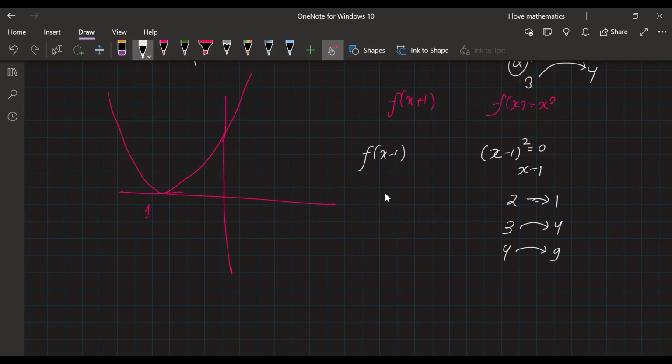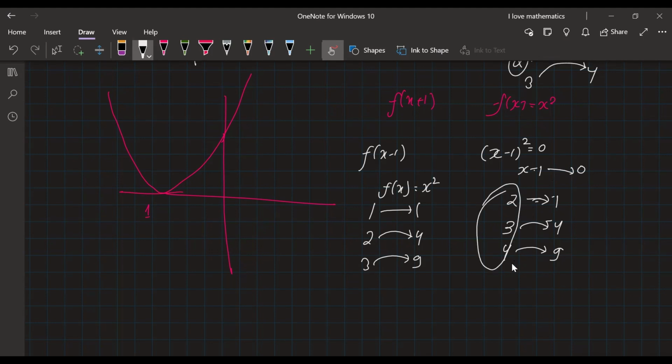See, where f of x is x squared, it gives value of 1 at 1. When put 2, it gives 4. When put 3, it gives 9. But see, at 1, it gives 0 now. And at 2, it gives 1. At 3, it gives 4. At 4, it gives 9. So you are giving x 1 more, but the value is still the same.